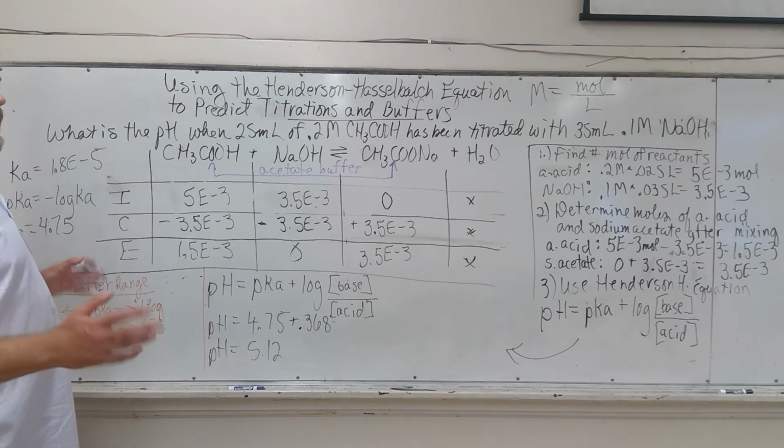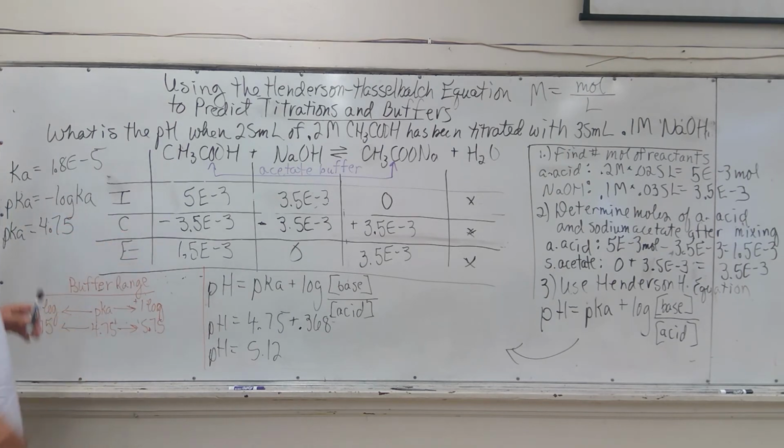But a couple of other things that I want to throw in there. On the pKa, just calculating the pKa alone is an excellent tool for understanding the effective buffering range of this system. Generally, most chemists will consider the buffering range of a buffer to be within 1 log plus or minus of the pKa.